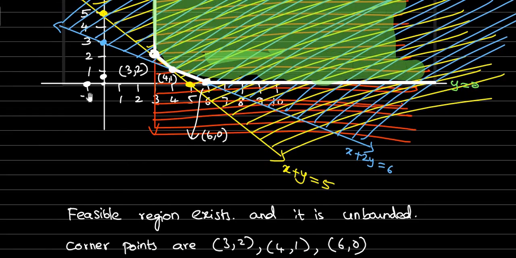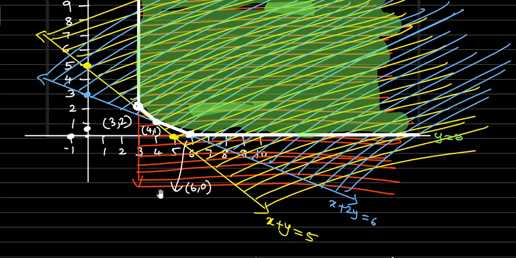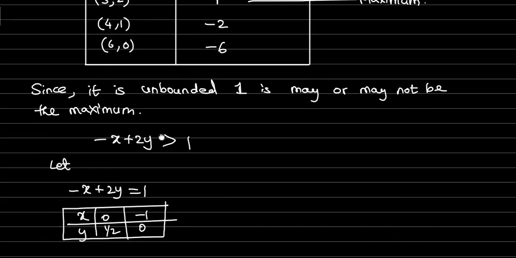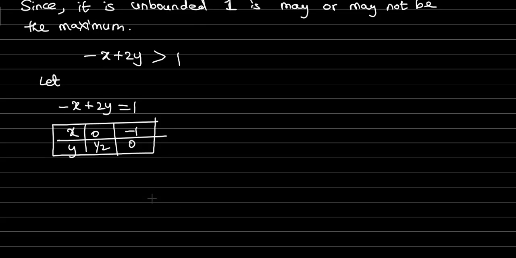Using a scale we can draw the line and extend it. Otherwise, we can take one more larger value. I'll take y as 6. If y is 6, then minus x plus 2 times 6 equal to 1. Solving this, minus x plus 12 equal to 1, minus x equal to 1 minus 12, which is minus 11.